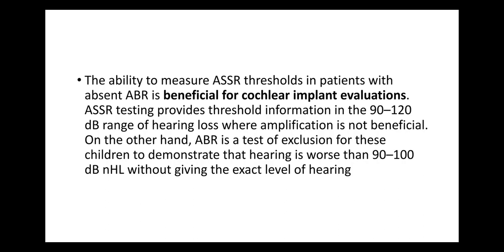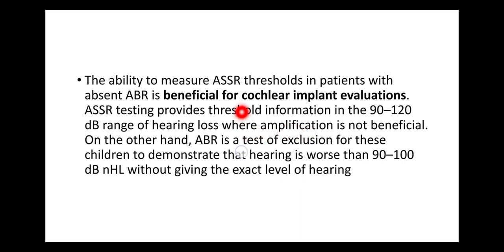ASSR testing provides threshold information in the 90 to 120 decibel range of hearing loss, where amplification is not beneficial. On the other hand, ABR is a test of exclusion for these children to demonstrate that hearing is worse than 90 to 100 decibels without giving the exact level of hearing.